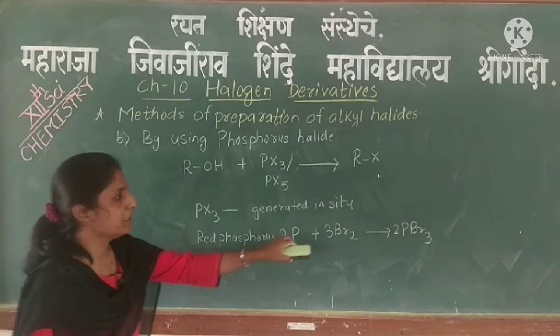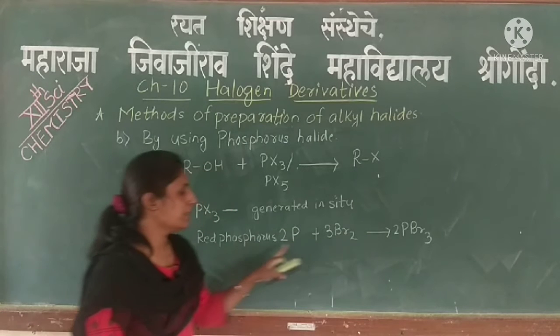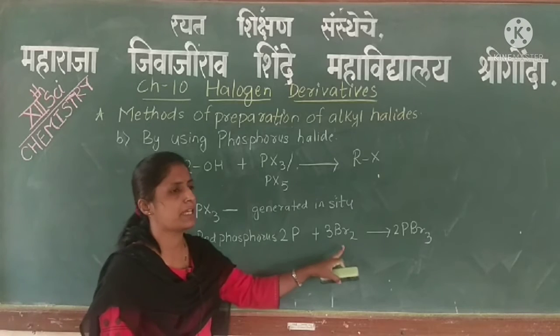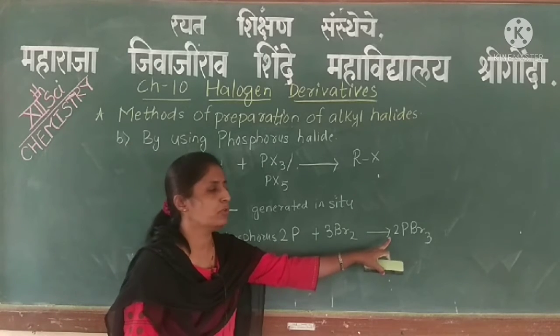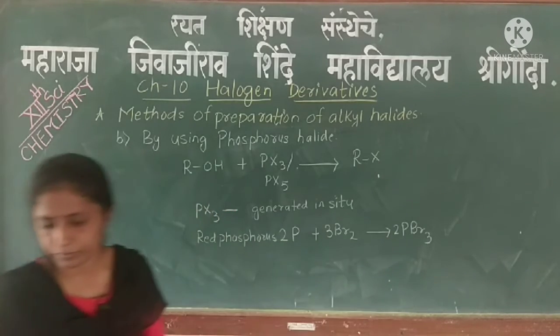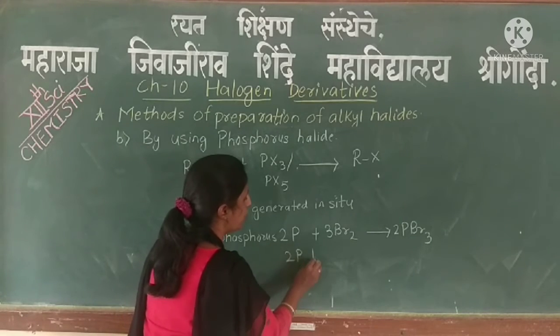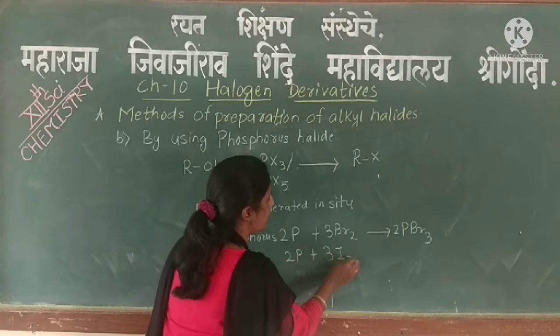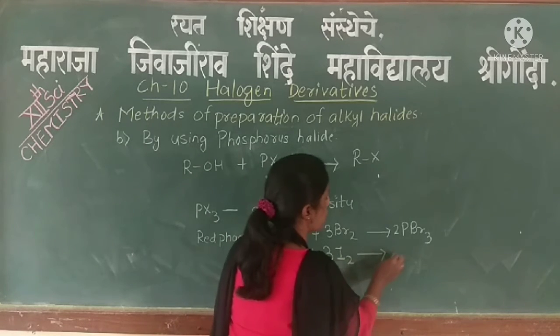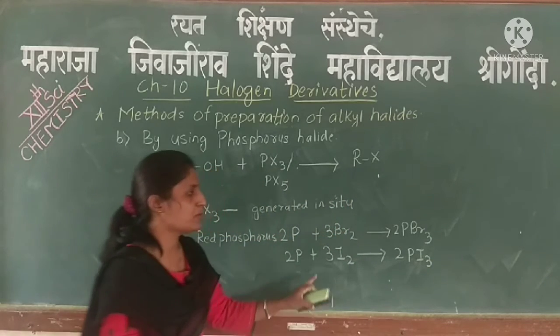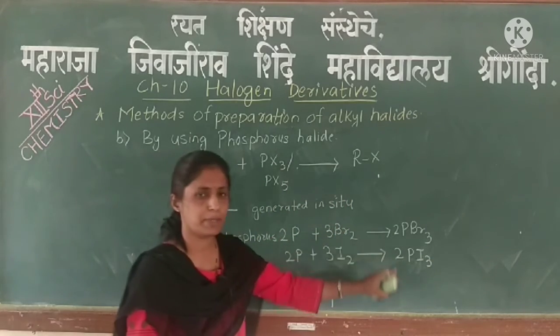Red phosphorus is reacted with bromine to give you phosphorus tribromide, or similarly you can react with iodine to give you phosphorus triiodide. In this way phosphorus trihalide is prepared.